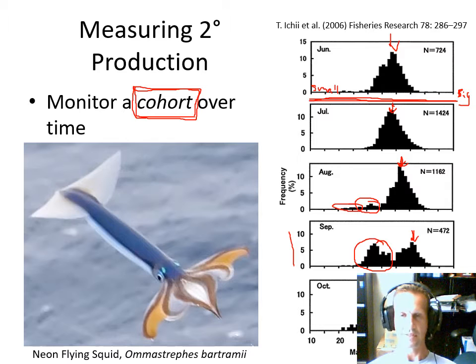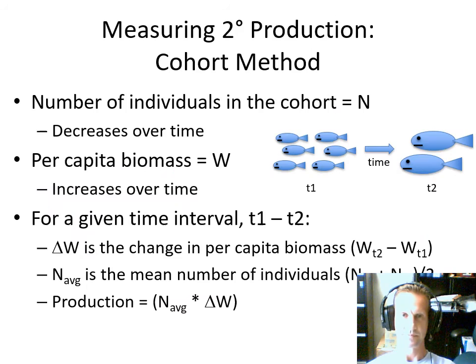Should we take more or take less for the harvest? So tracking these cohorts through time is pretty important for setting fisheries harvest limits and things like that. And I'll talk a little bit more on the next slide about how we do this math of figuring out secondary production based on cohort monitoring.